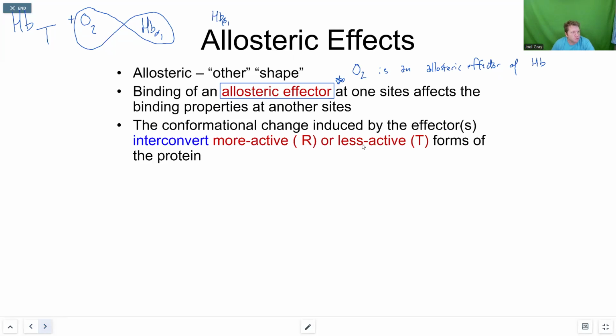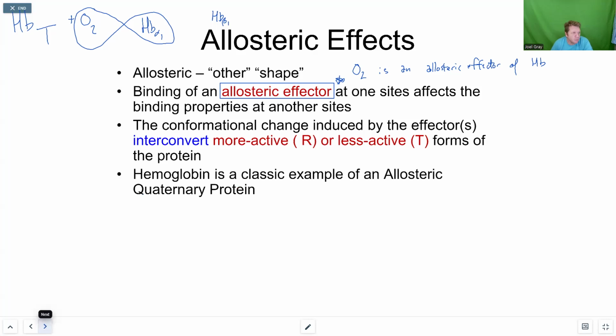Now, the conformational change induced by the effectors interconverts the R and T states. Vice versa, this can induce the transition from the R state to the T state or the T state to the R state. Hemoglobin is a great example of a quaternary allosterically affected protein.